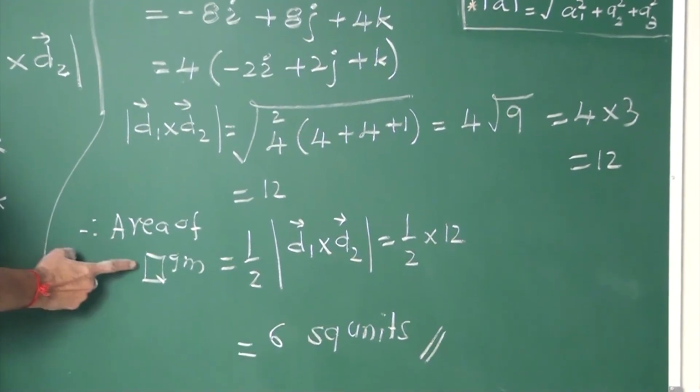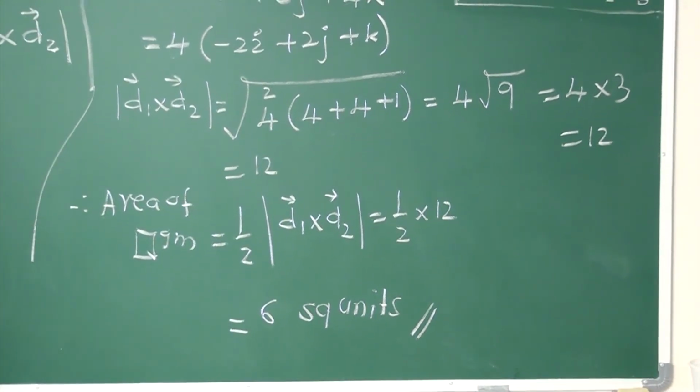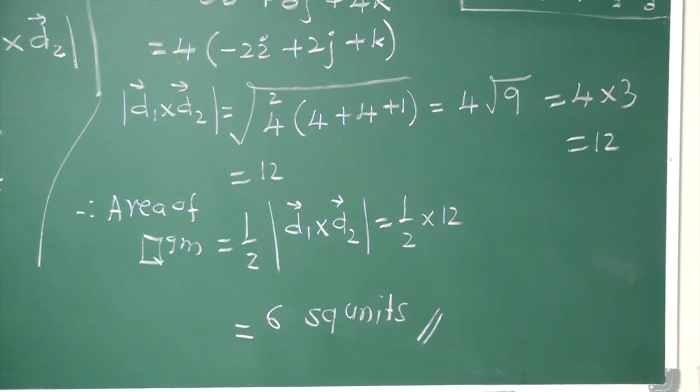Then, what is the area of the parallelogram? Half the magnitude of this. Half into 12 is 6 square units. Yes, my friends.